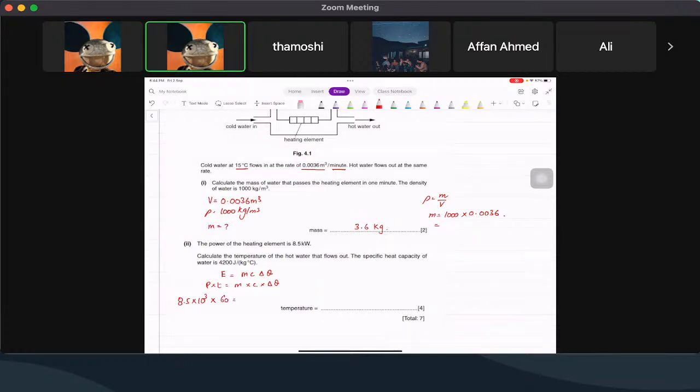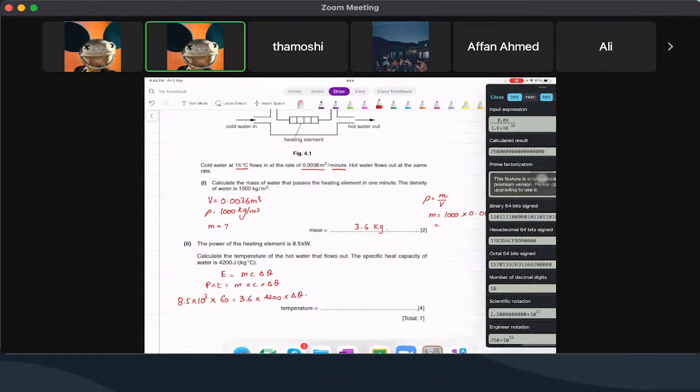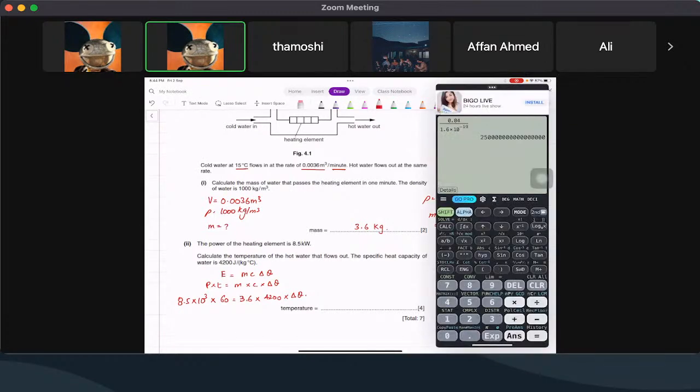The mass is 3.6. The heat capacity is 4200 times delta theta. So when we use the calculator, it's going to be 8.5 times 10 power 3 times 60, divided by 3.6 and divided by 4200.